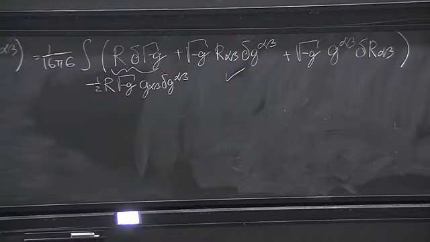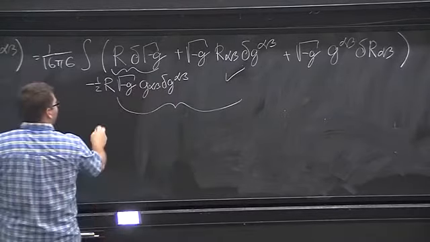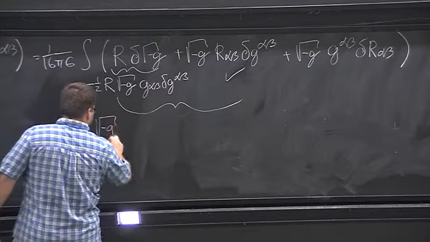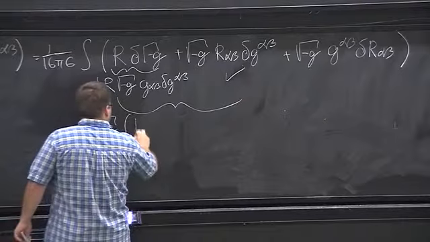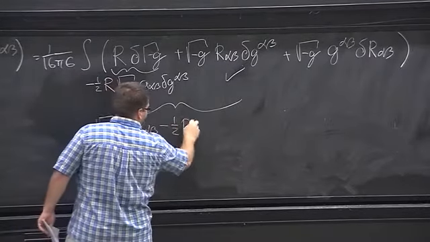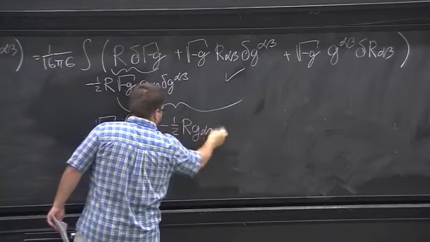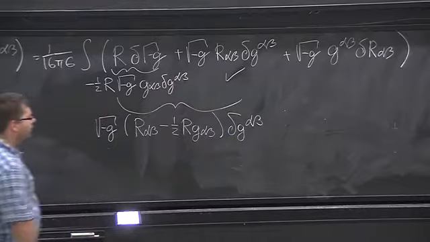When these two terms combine, I can write them as minus square root of minus g, times R alpha beta minus 1/2 R g alpha beta, times delta g alpha beta.